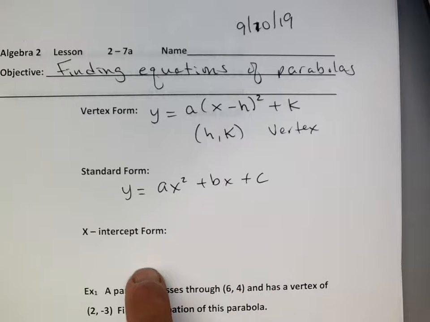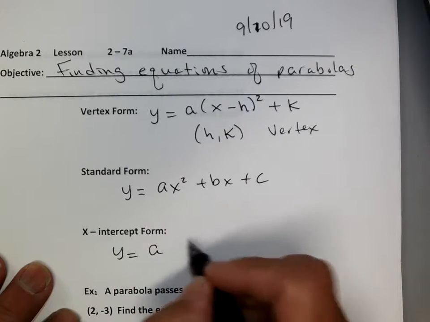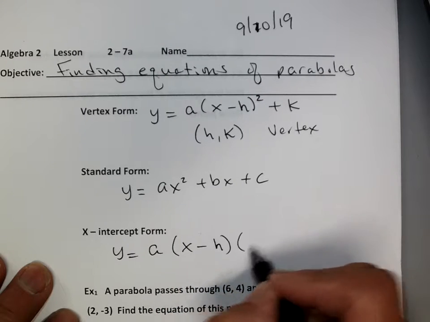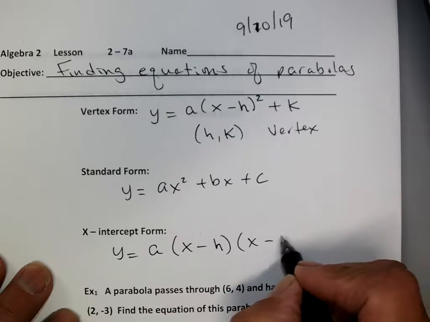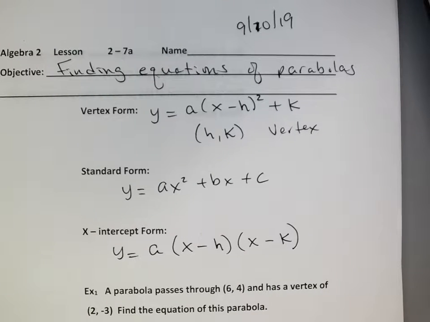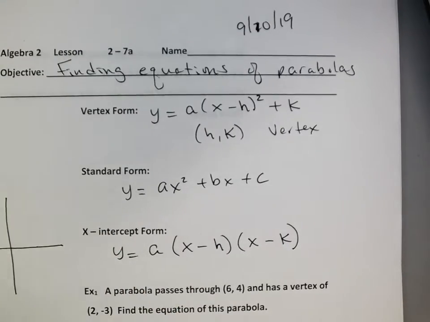And now the x-intercept form is one you haven't seen. So the x-intercept form is going to be like this. Y equals (x minus h)(x minus k), all right? And I'm going to draw a picture of that.